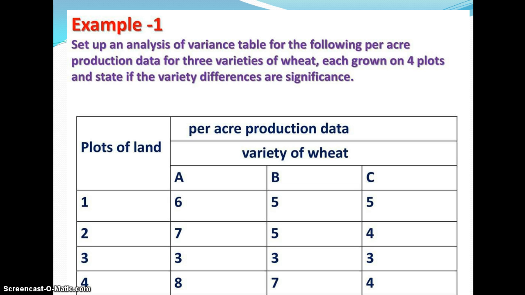This 6, 5, 5, 7, 5, these all are the per acre production data. We want to test the significant difference in the three varieties A, B, C of wheat on four plots of land.